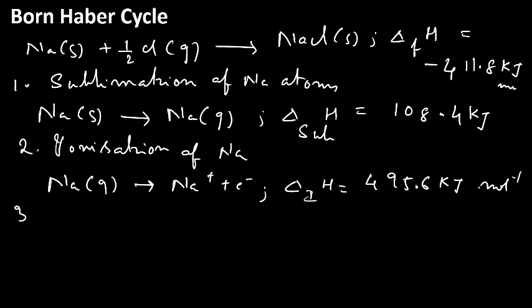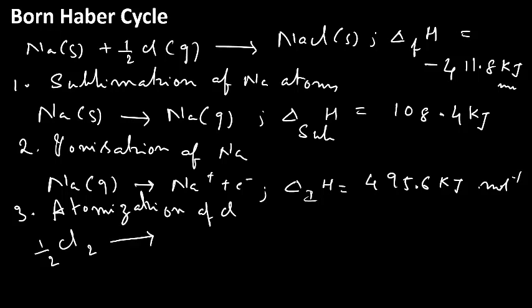Next step, atomization of chlorine. Here chlorine molecules are available. These chlorine molecules are to be dissociated into chlorine atoms. So this is chlorine gas. Therefore here delta H_A, A means atomization, enthalpy of atomization.